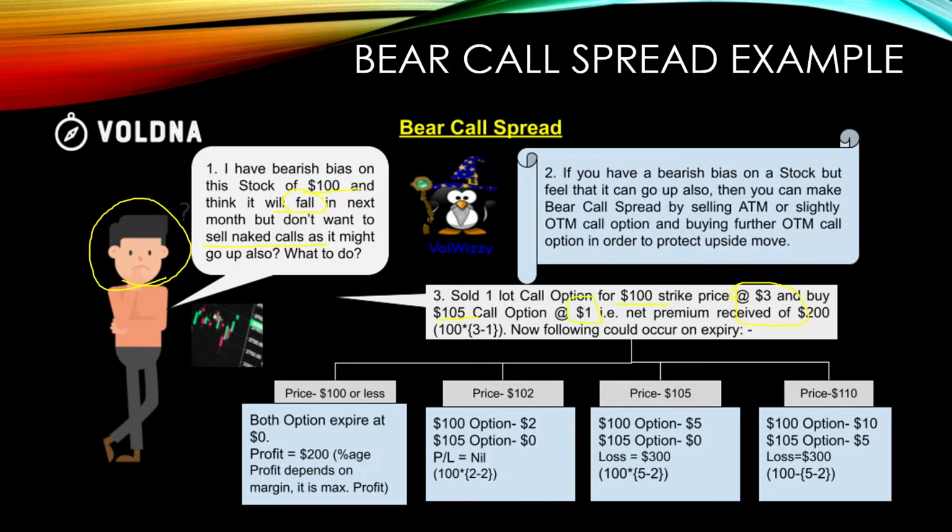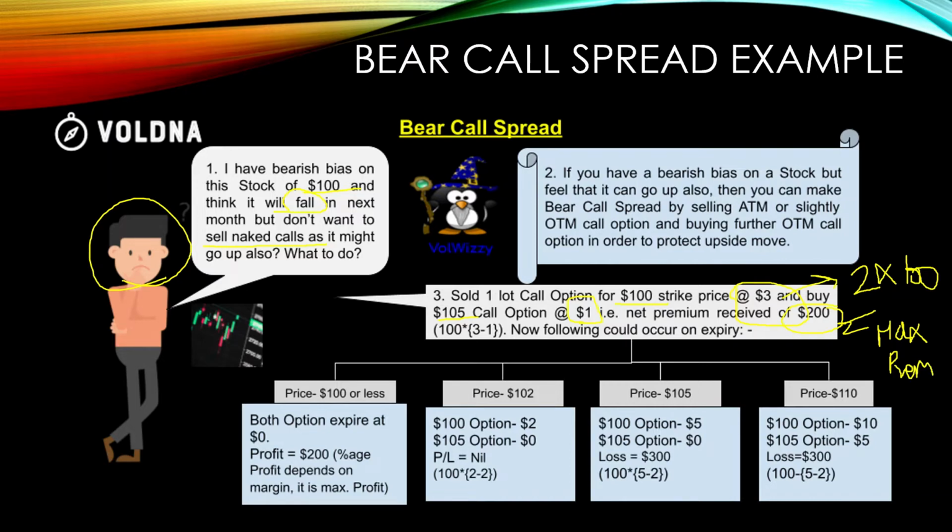So he received a net premium of $200: $3 collected from the $100 option and $1 paid for the 105 strike price, so $2 net received for a 100 lot. This is his max profit, because in a credit strategy you cannot earn more than your maximum premium received.